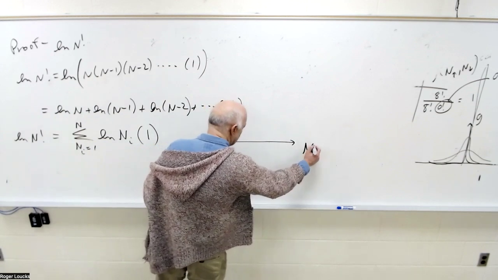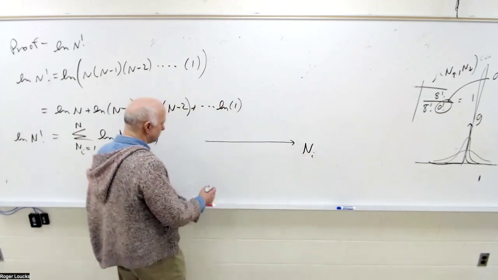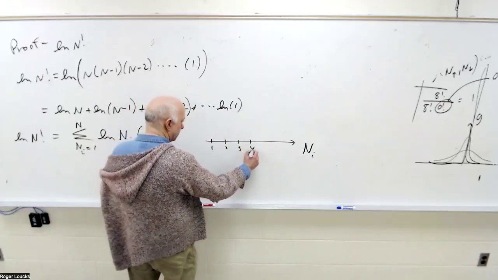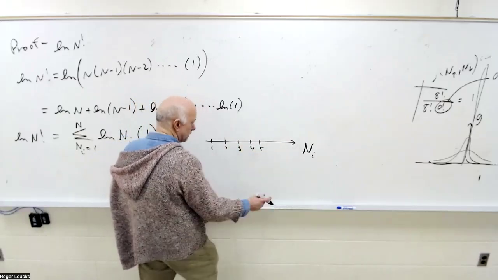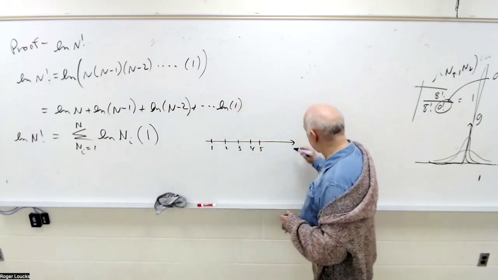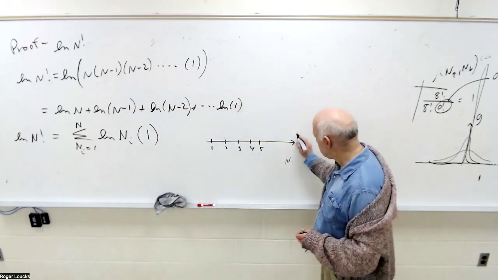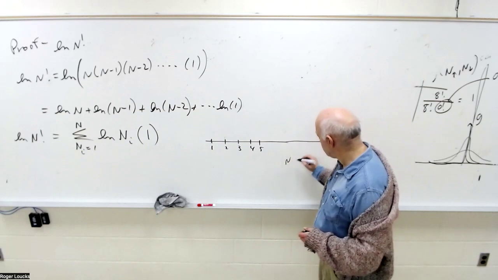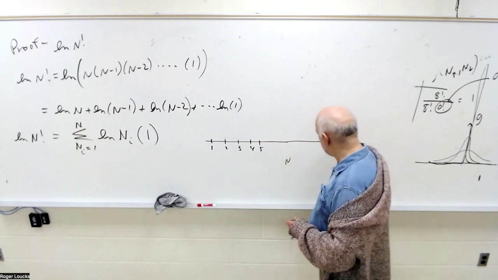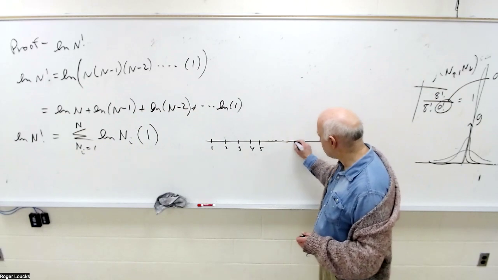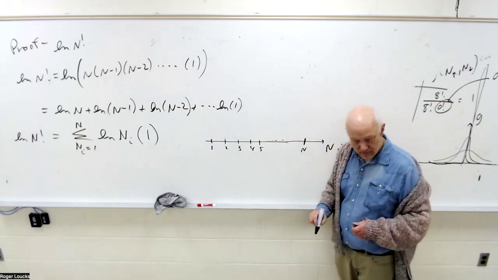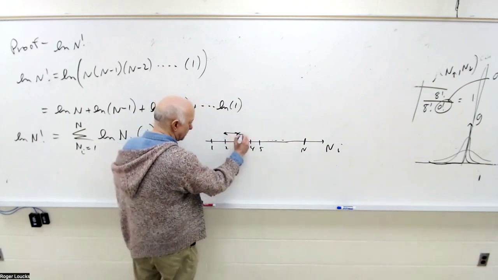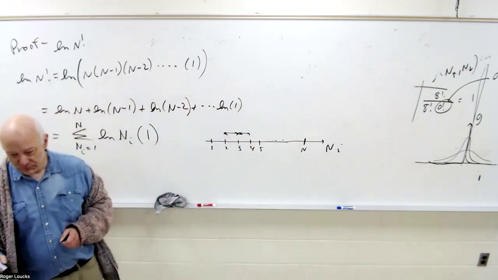Okay, now what can we do with this? I'm going to plot basically my i axis here. So this is 1, 2, 3, 4, 5, all the way up here. Yeah, so this is the i axis, and this is going to keep on all the way up here. Then what is the separation distance between any one of these values here? 1.